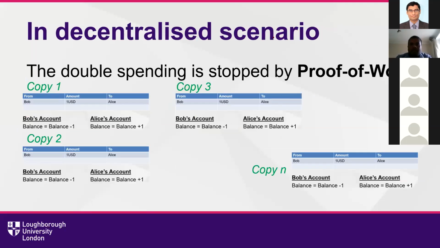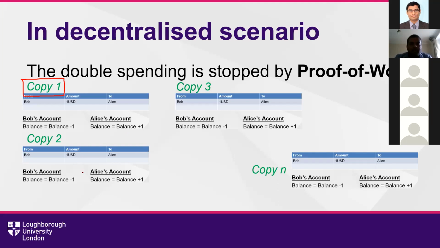But double spending, why we can't do this in blockchain is that this is decentralized. Everybody who is part of the blockchain network will have a copy of the ledger. If you become part of the blockchain, you are able to see all the transactions.